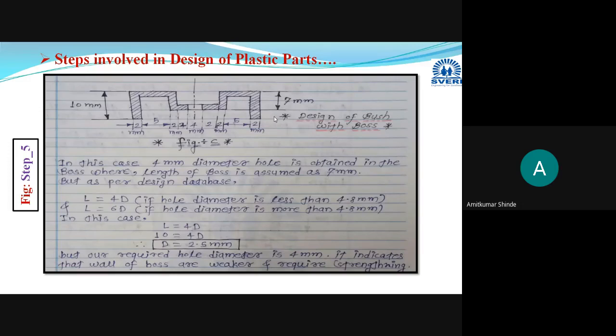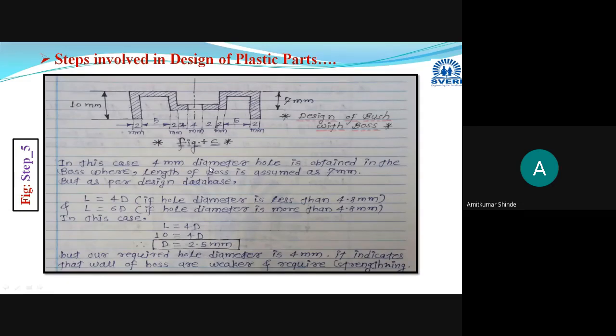Now these are design guidelines, and you have to remember them. Whenever the diameter of the hole is less than 4.8 millimeter, its length is 4 times the diameter. If the diameter of the hole is greater than 4.8 millimeter, then the length or height of that hole is 6 times the diameter.